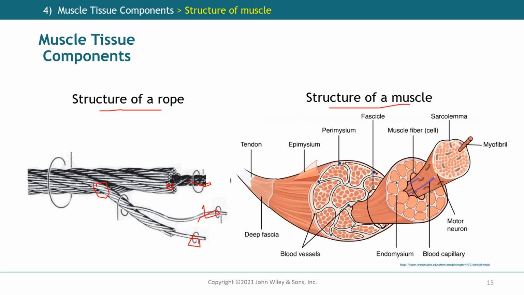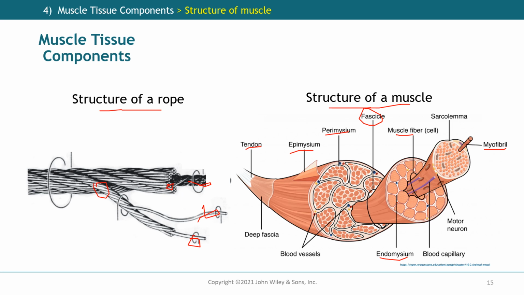To keep the integrity of the muscle, all these muscle fibers have to first be attached to a tendon, and then have different layers of connective tissue. And now we're moving into the big muscle, the fascicle, which is the most general section of the muscle, then the muscle fiber, the myofibril, and then the sarcomere.